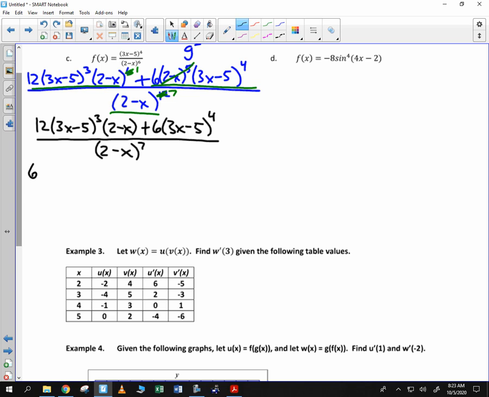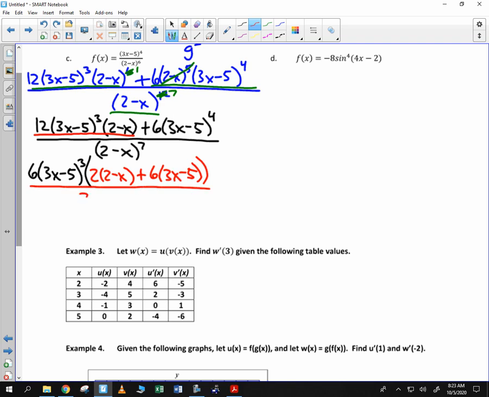We take out a 6 and a 3x minus 5 cubed. If we take out a 6 times 3x minus 5 cubed, you're left with 2 times 2 minus x plus 6 times 3x minus 5, all over 2 minus x raised to the 7th power.